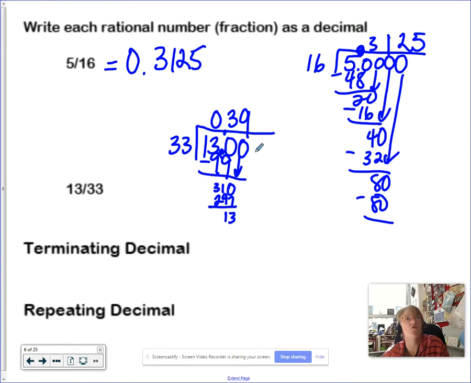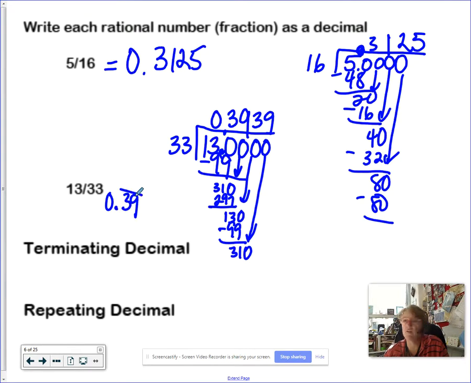When we add a 0 on here and you start calculating, you're going to say, well, it only goes in there 3 times because that's 99. And then I subtract, and I end up with 31, and I add a 0. And now I have 310 again. Do you see what's happening here? This is a big repeating decimal, and it repeats in a 2-digit block.